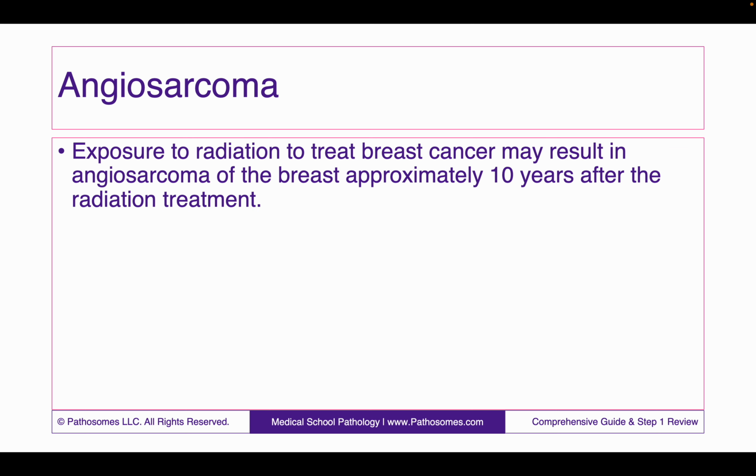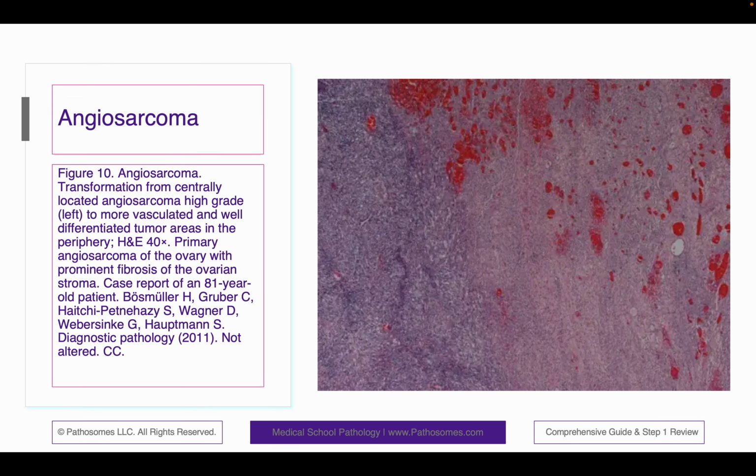Now, we know that exposure to radiation for breast cancer can increase the risk of other cancers, right? One of those cancers is angiosarcoma, and that's usually about 10 years after the radiation treatment. So future radiation oncologists out there, keep this in your back pocket. Here we have a histologic section from a patient with angiosarcoma.